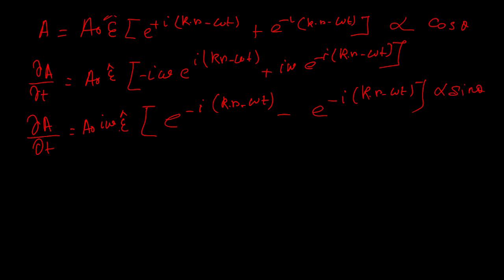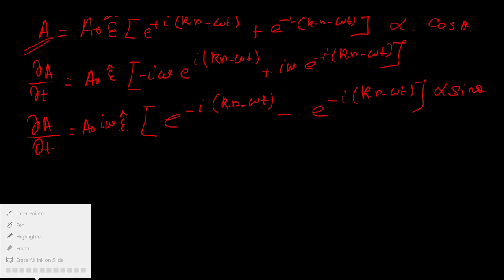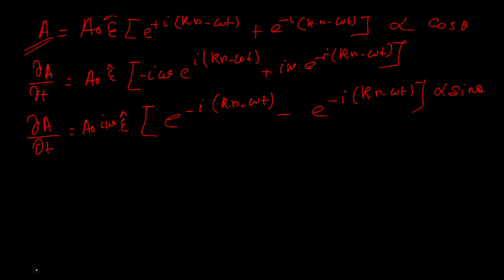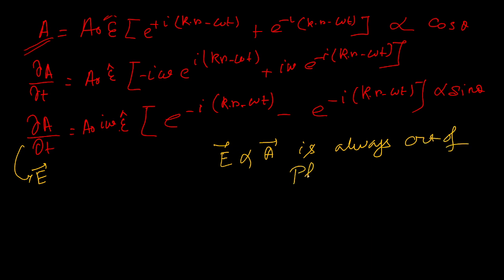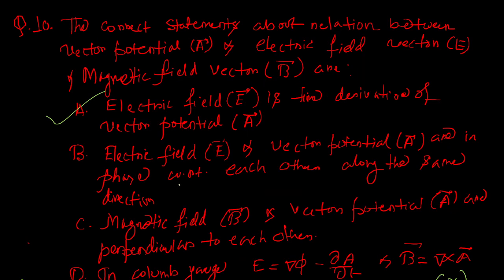So the vector potential is a cos function, whereas the electric field is a sine function. So E and A are always out of phase, but their direction is the same, so therefore this option is not correct.